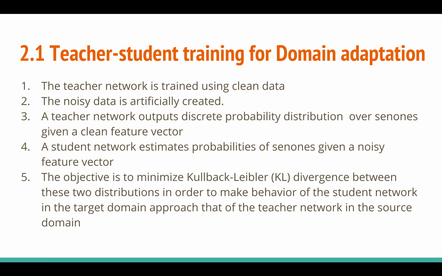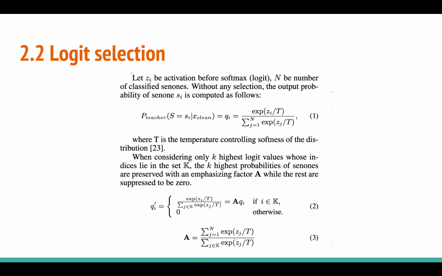Once you minimize this KL divergence, the behavior of the student network should be similar to the teacher network. And that is the first technique, using teacher-student network training or teacher-student learning.